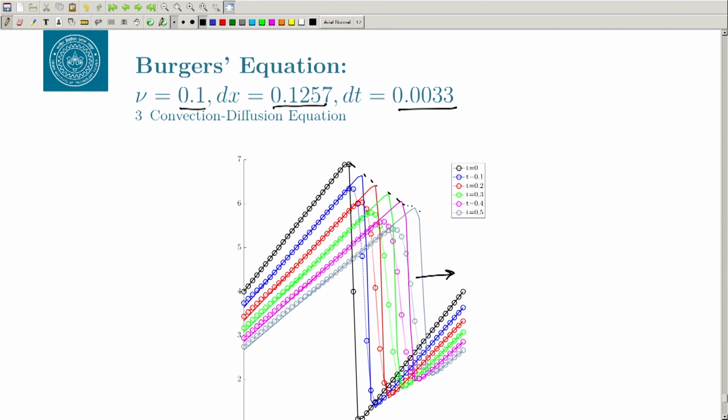But if you compare that with the numerical solution, which is shown in the circles, you can see that for the first time, t equal to 0.1, your analytical solution is the line here, and your numerical solution, towards the discontinuity, is very very different. Okay. So, this is the line that you are getting, right, and as you go ahead in time, there is a lot of diffusion here.